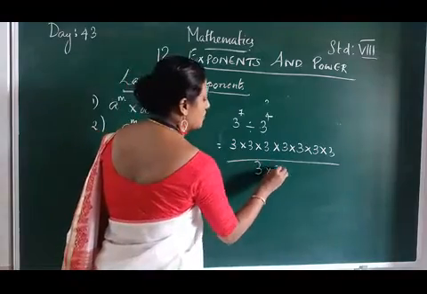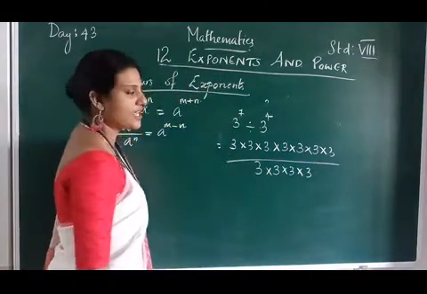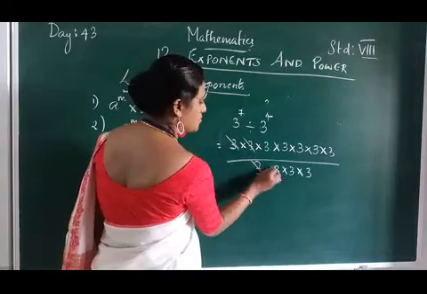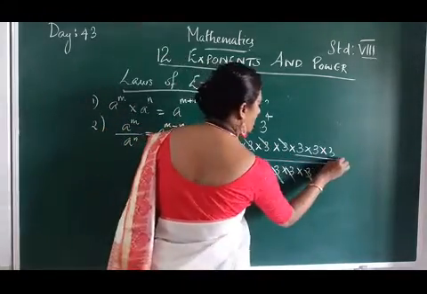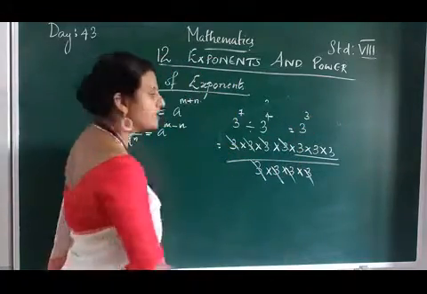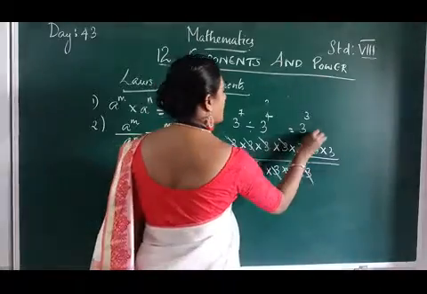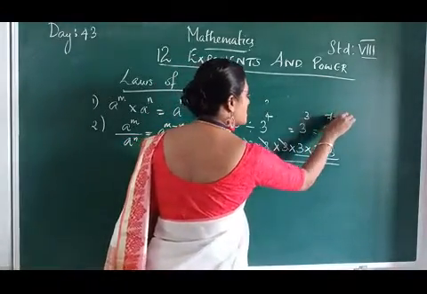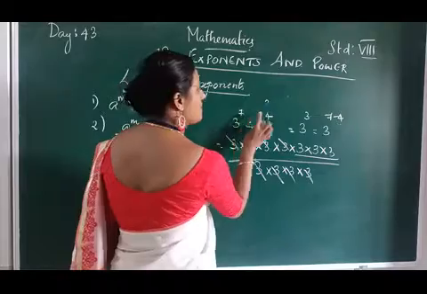Common factors we can cancel, no? 1, 2, 3, 4. Then the rest is 3 raised to 3. How many 3's are there? 3 3's. So 3 raised to 3. How did we get it? 3 raised to 7 minus 4. Understood? When division comes, subtract the powers.